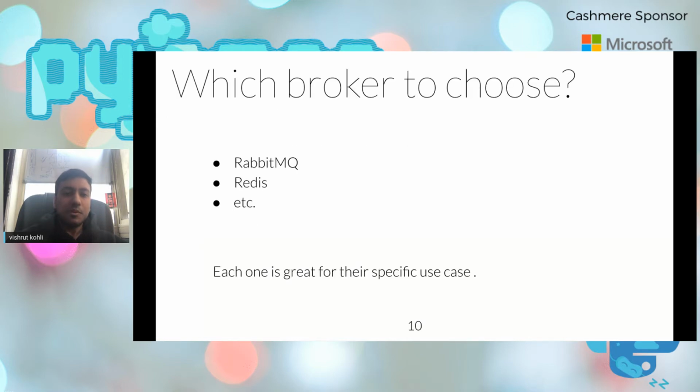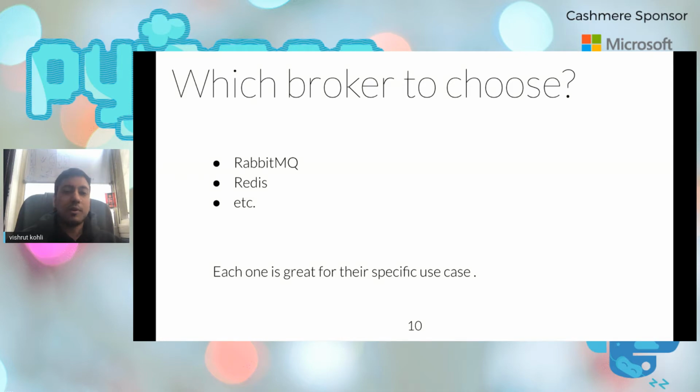So okay, before we start building the system, one question arises: which broker to choose? There are a bunch of brokers available like RabbitMQ, Redis, etc. They all are great pieces of software, but work best for their own specific use cases. So for example, I'll cover the most common ones, RabbitMQ and Redis.